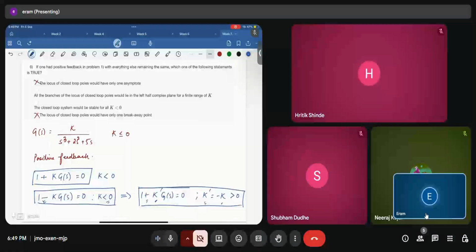Now this is nothing but our characteristic equation which resembles the one with negative feedback. And this k dash is also positive because k is negative but minus k will be positive.